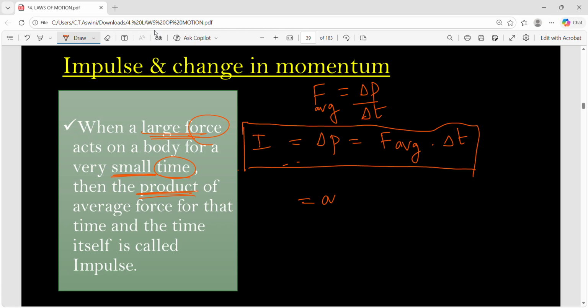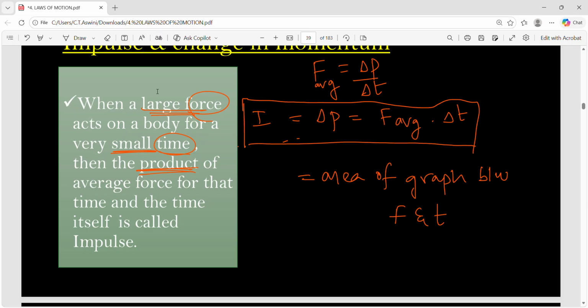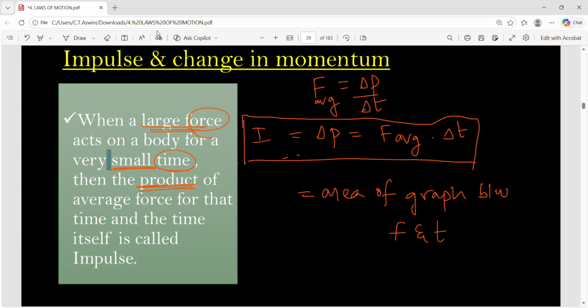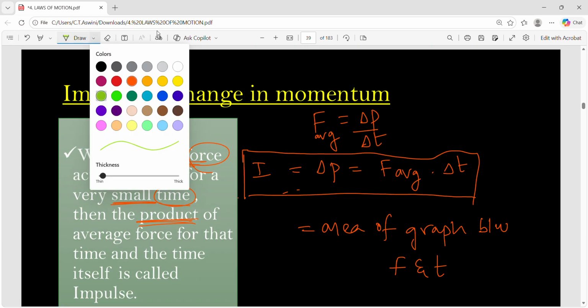So impulse is change in momentum, which is F average into delta T. That means, can I take the area of the graph between F and T? Because we are doing multiplication here. And I told you in the last class also, when we were discussing Newton's second law, change in momentum is the area of the graph.